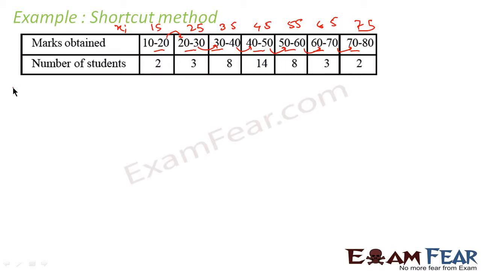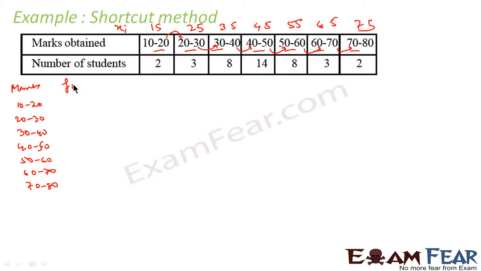Now let me draw the graph which we had earlier. Let's suppose this is marks. This becomes 10, 20. Then we have 20, 30, then 30, 40, then 40, 50, and then 50, 60, 60, 70 and 70, 80. Correct?